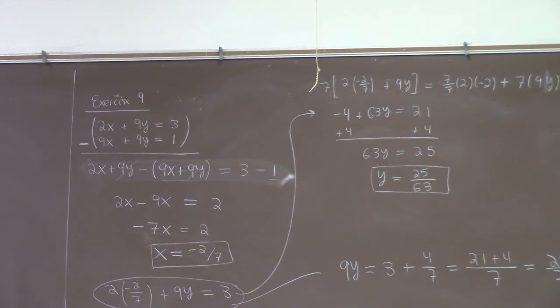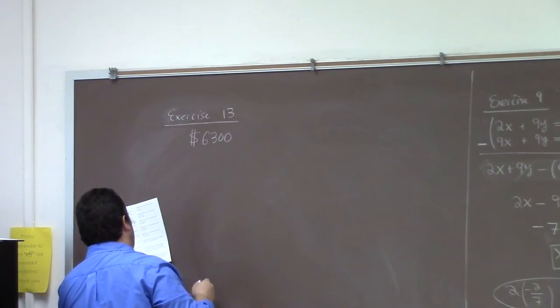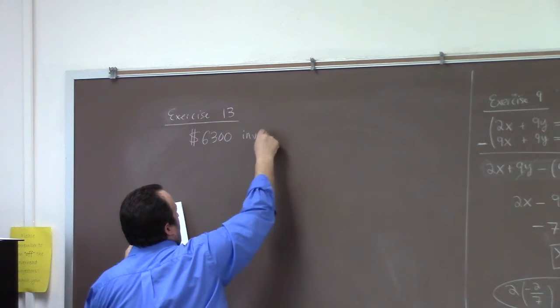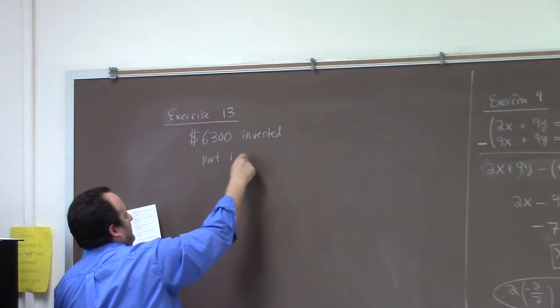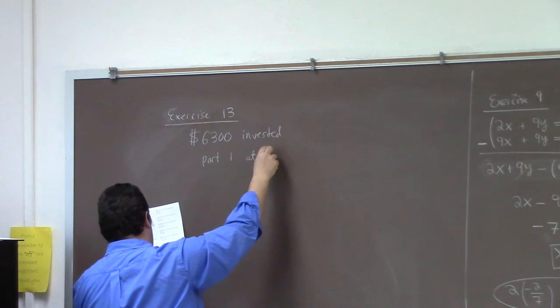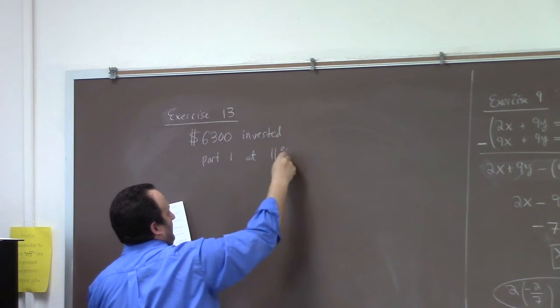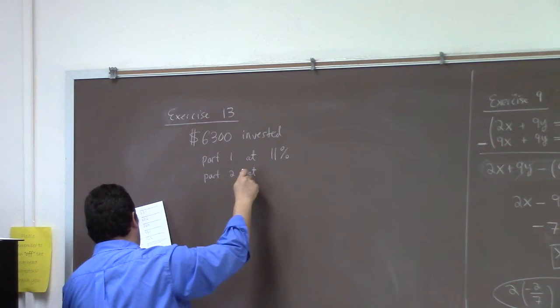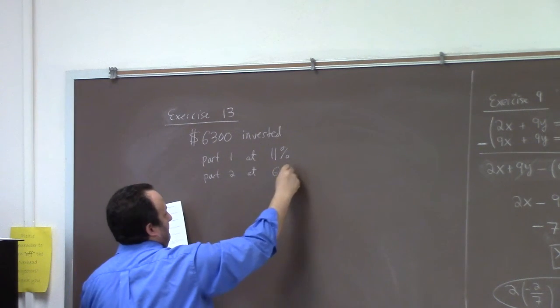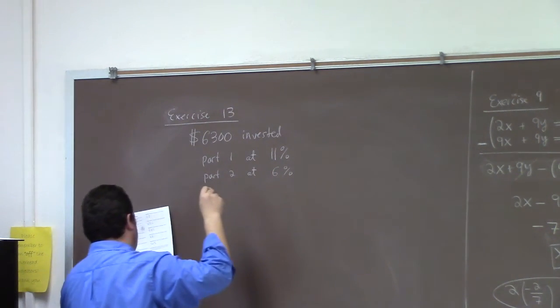So, here's the statement. I'm just going to work this with you because I think it's better. We have $6,300 and it's invested, right? Part 1 at 11%, and then part 2 at 6% interest, I'm assuming.